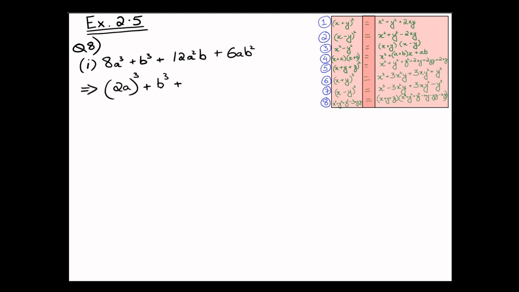So to get these two terms, I'll write this as 3 into 2a square into b, whereas the last one is plus 3 into 2a into b square. Now comparing this with the expansion of identity number 6, I can say that this comes out to be 2a plus b whole cube.